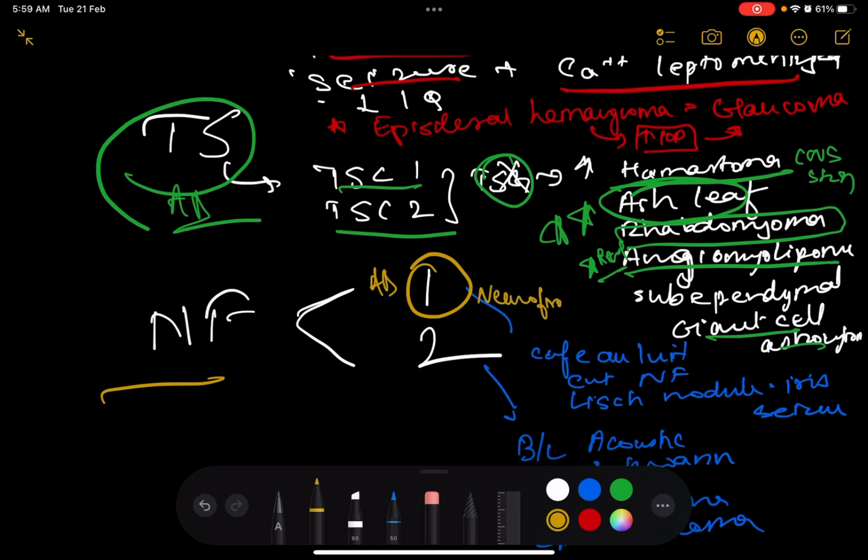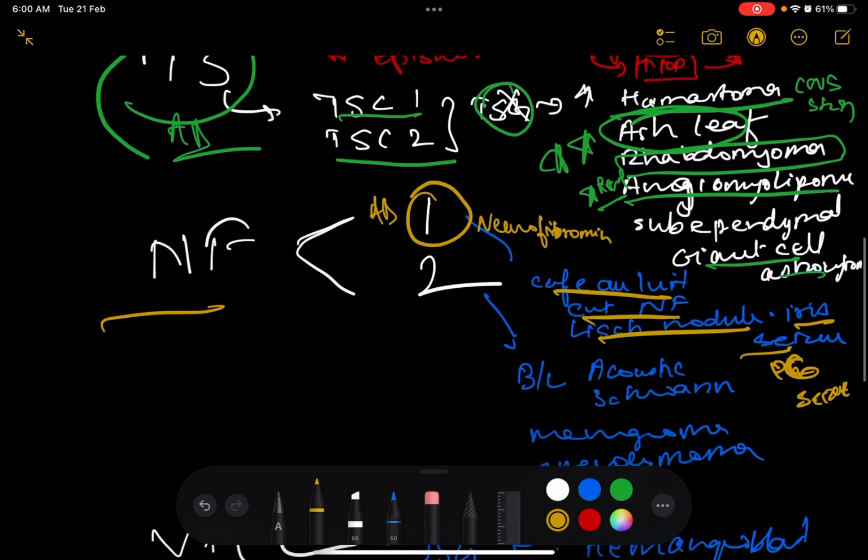It leads to café-au-lait spots, cutaneous neurofibromas, Lisch nodules in the iris, seizures, and very importantly pheochromocytoma. Bone lesions are also seen. Keep in mind that café-au-lait spots will give you the direct diagnosis. They're very characteristic of neurofibromatosis.